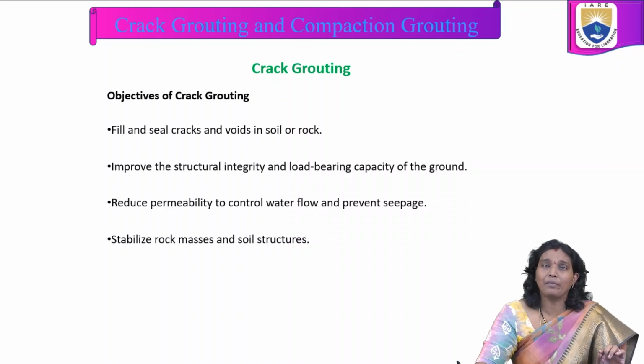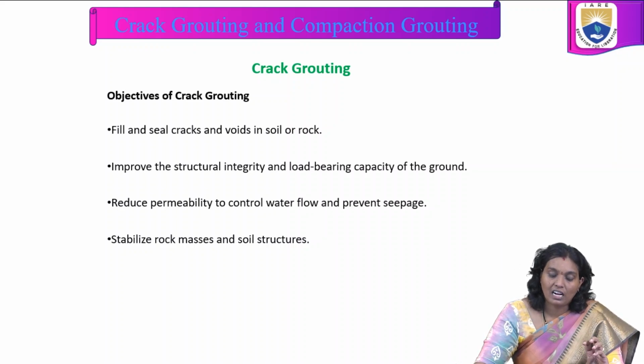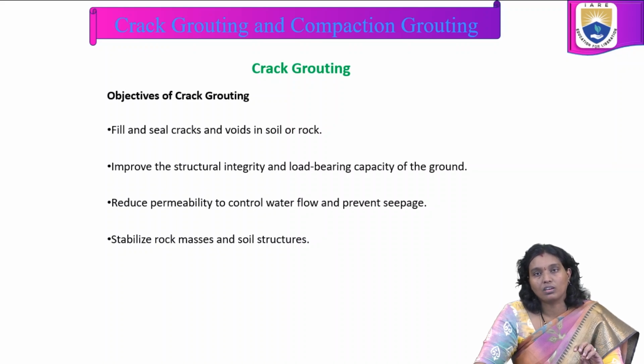Coming to crack grouting, the objectives are: fill and seal cracks and voids in soil or rock, improve the structural integrity and load bearing capacity of the ground, reduce permeability to control water flow and prevent seepage, and stabilize rock masses and soil structures.